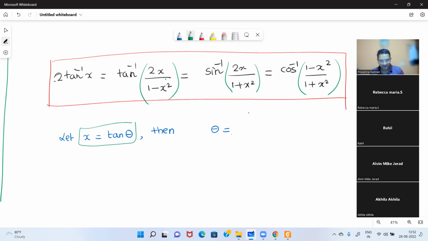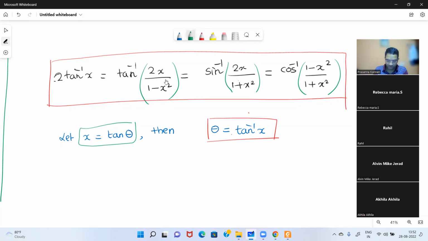If x is equal to tan theta, then theta will be tan inverse of x. Yes, okay, fine.